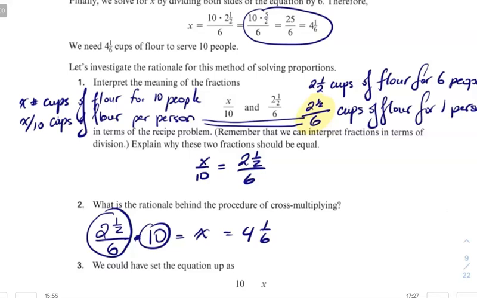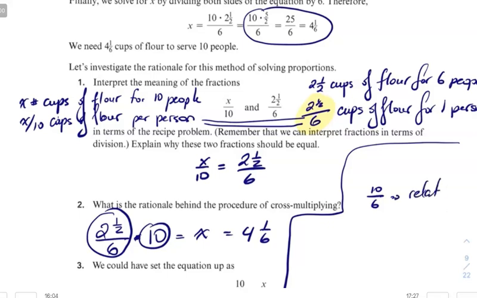So 10/6 is how much more is the relative size of the new party, of the new group. So if it's 1 4/6, or 1 2/3 the size of the old group, then don't you need to make 1 2/3 the amount of flour? Won't you need to use that much?